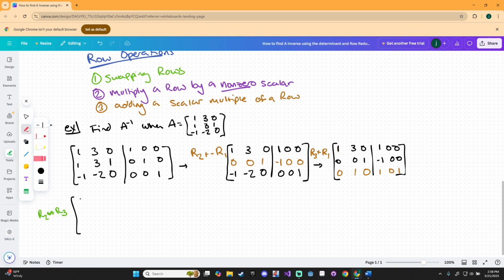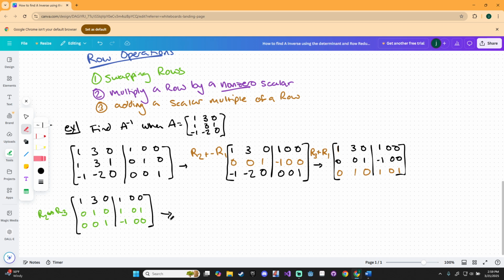So we know that R1 is going to stay the same. And then we will swap our bottom two rows. We have 0, 1, 0, 1, 0, 1, 0, 0, 1, negative 1, 0, 0. Swap these two.